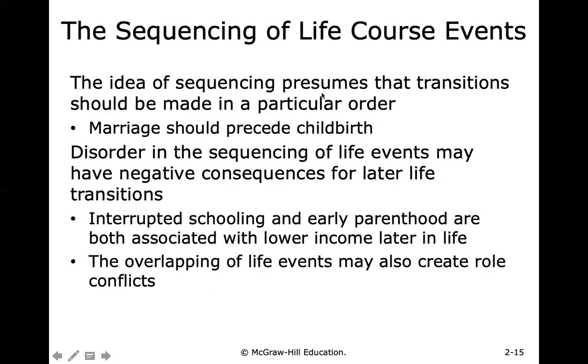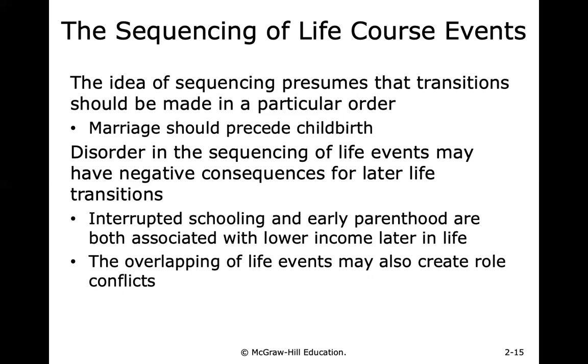The sequencing of our life course events is going to presume that our transitions should be made in a particular order. And that's a presumption that can't always be made, right? Especially with this example, that marriage should precede childbirth. Well, sometimes marriage doesn't precede childbirth. Sometimes childbirth precedes marriage. And sometimes childbirth occurs without marriage. There are individuals who do not want to get married even if they've had a child.